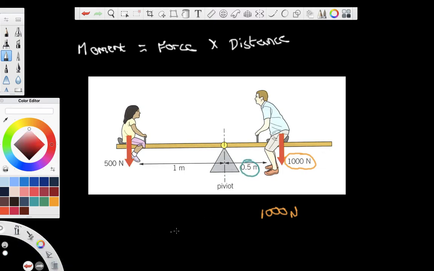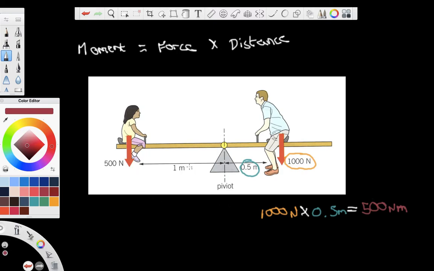So we can do 1,000 times 0.5 meters to give us a moment of 500 Newton meters, okay? Remember, it should be a capital N because newtons are named after Isaac Newton.